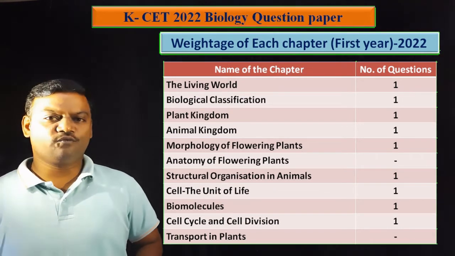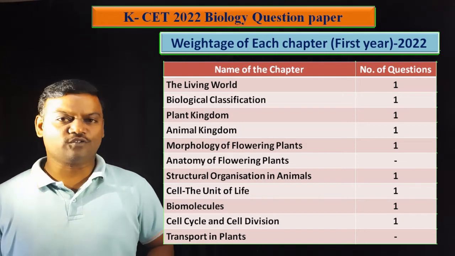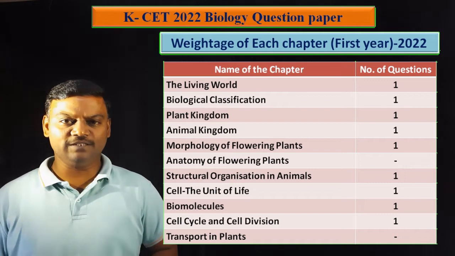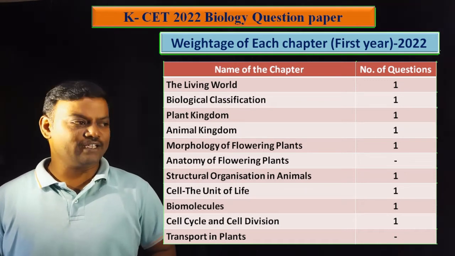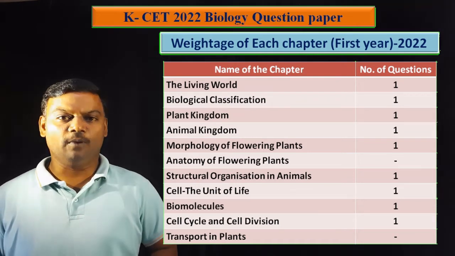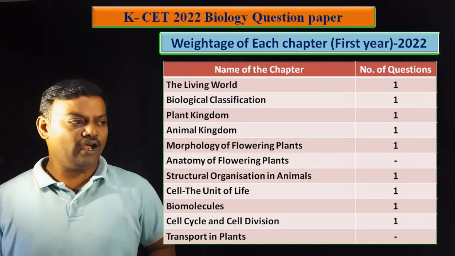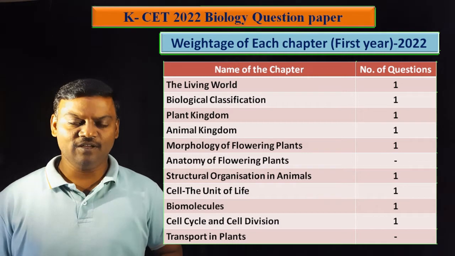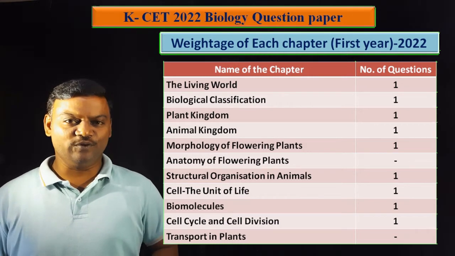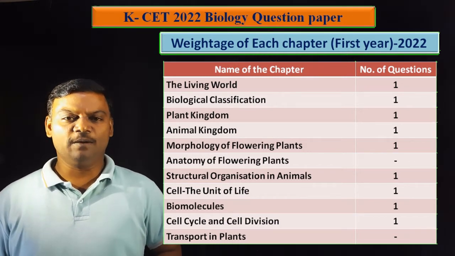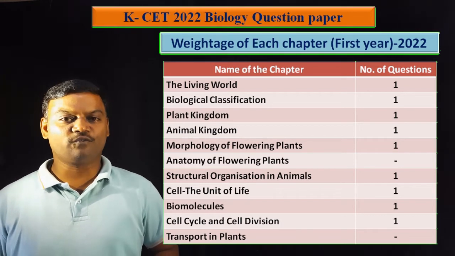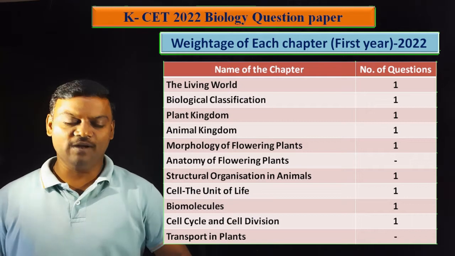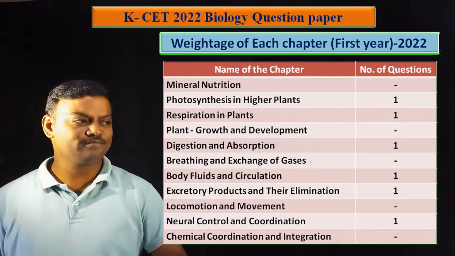There is one question from living world, one from biological classification, one from plant kingdom, one from animal kingdom, one from morphology of flowering plants, one from structural organization in animals, one from cell, the unit of life, one from biomolecules, one from cell cycle and cell division, and there is no question from transport in plants.